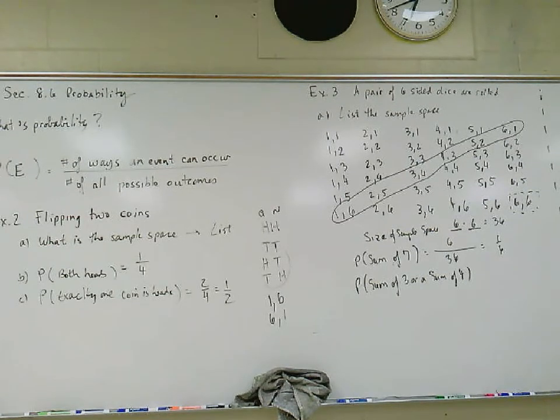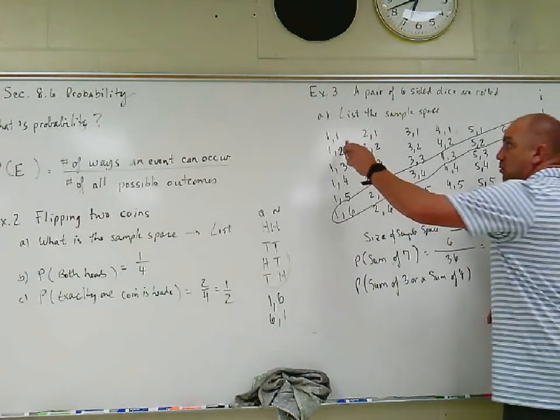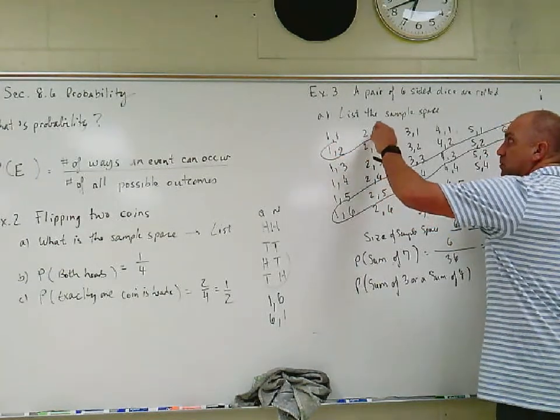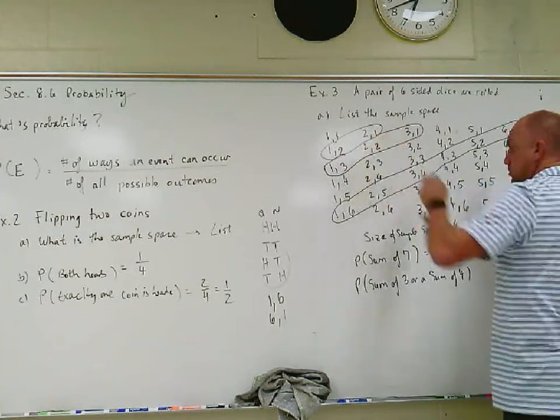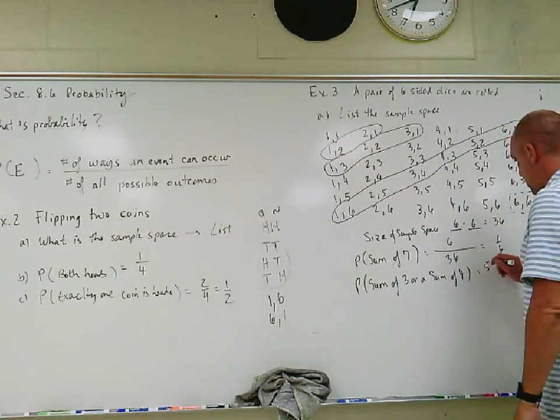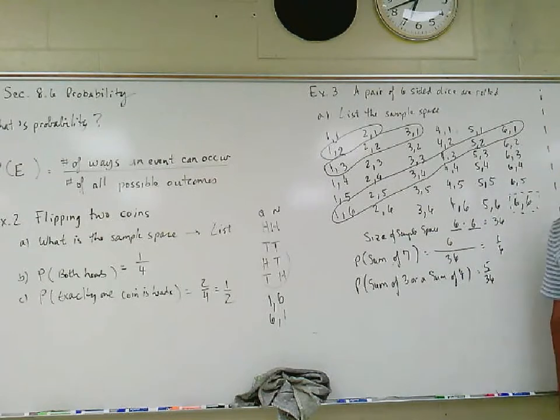Yeah, 5 out of 36. 1-2 and 2-1 is a sum of 3. 1-3, 2-2, 3-1 is a sum of 4. So it's 5 out of 36. It's more likely to roll a sum of 7 than a sum of 3 or a sum of 4. There are more 7s. And we could ask all kinds of things. Any questions about that?